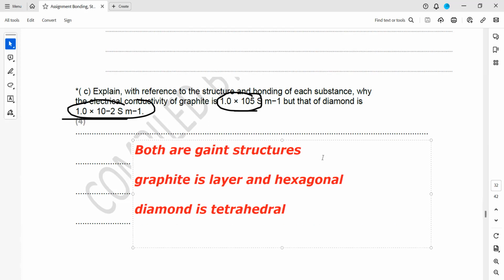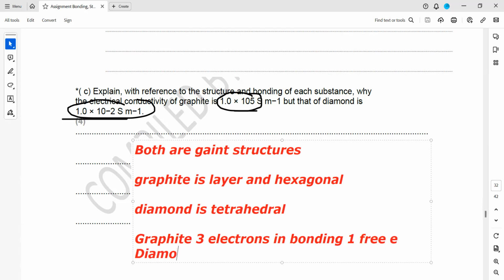Then in graphite, three electrons are involved in the bonding, and there is one free electron. Whereas in diamond, all four electrons are involved in the bonding, and there is no free electron.